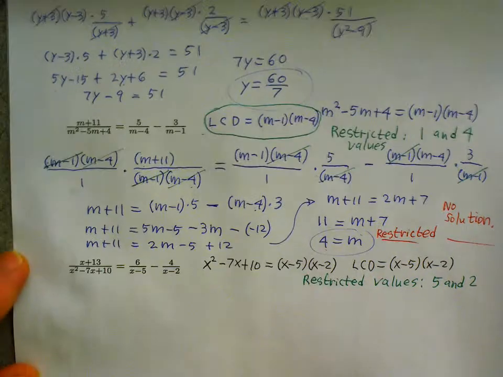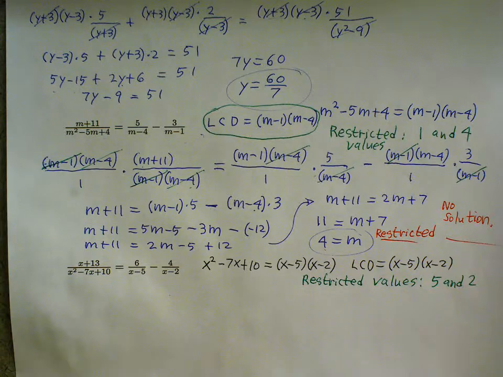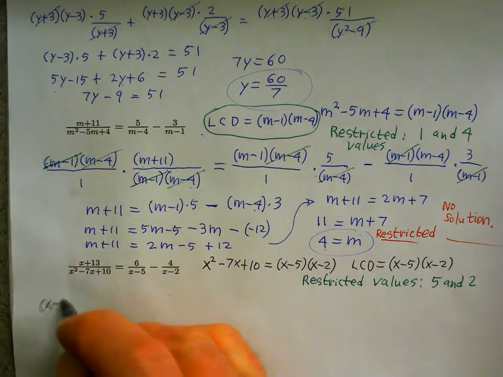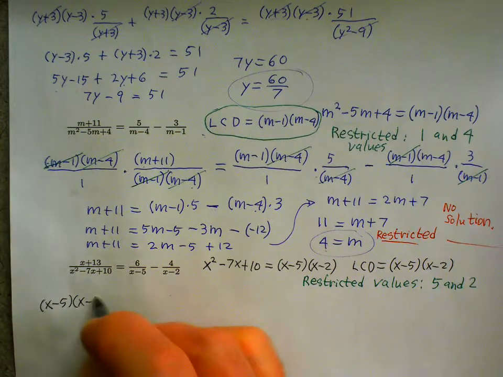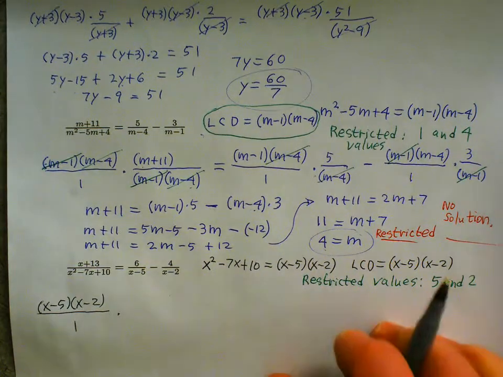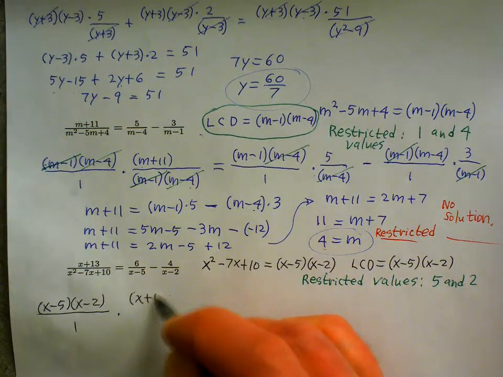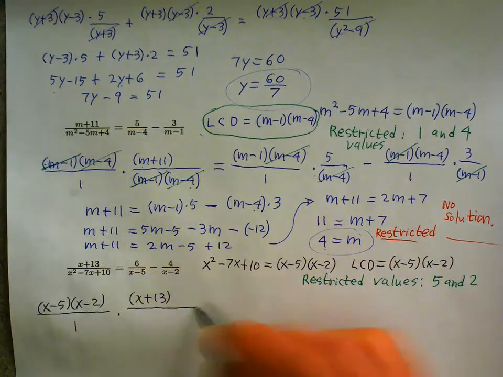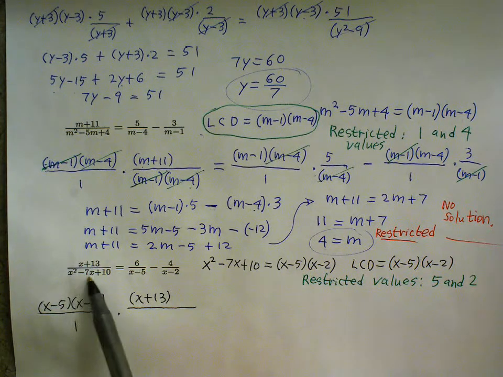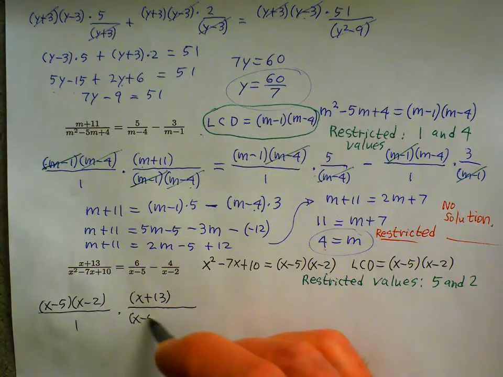Okay, but we multiply every term on both sides of this equation by the least common denominator. So (x minus 5)(x minus 2) over 1 multiplied by x plus 13. And instead of writing x squared minus 7x plus 10, I'll write it in factored form, x minus 5 times x minus 2.